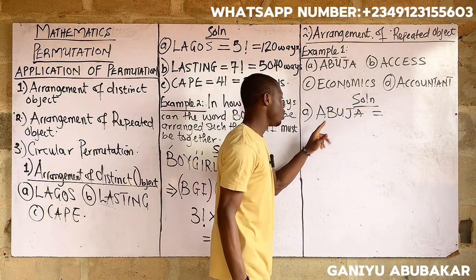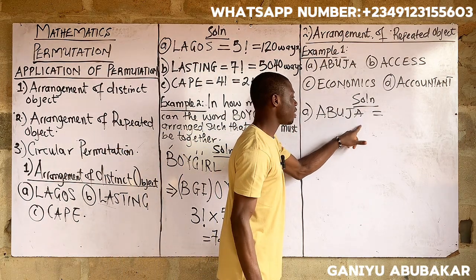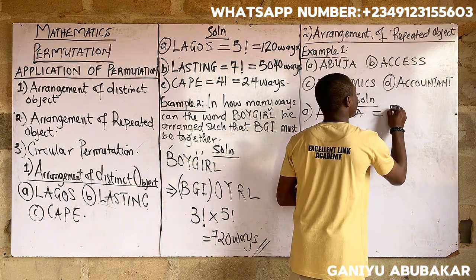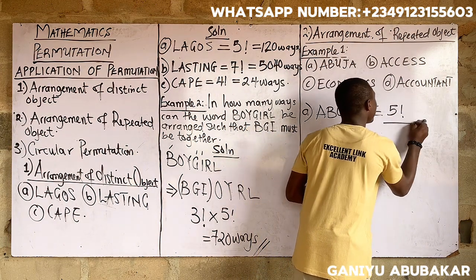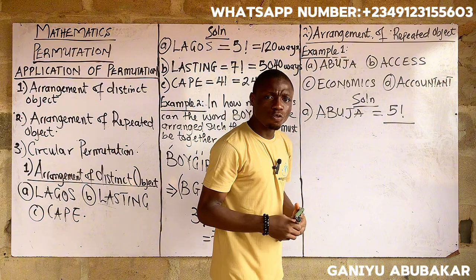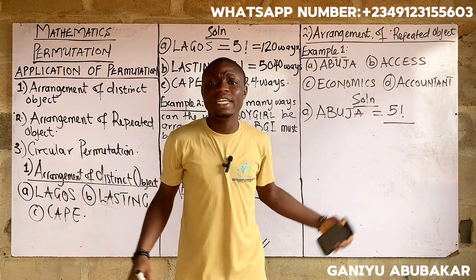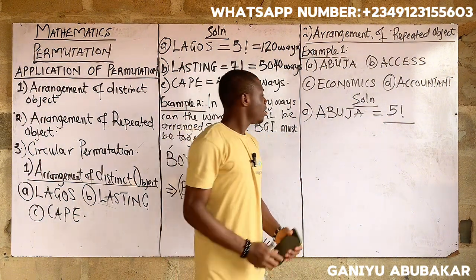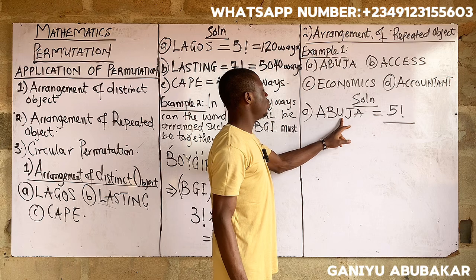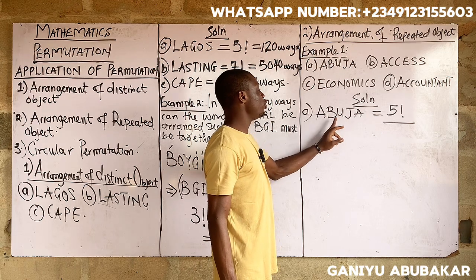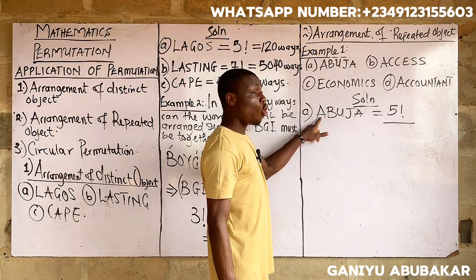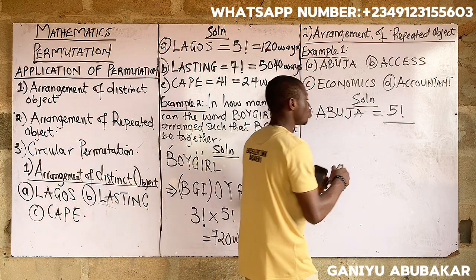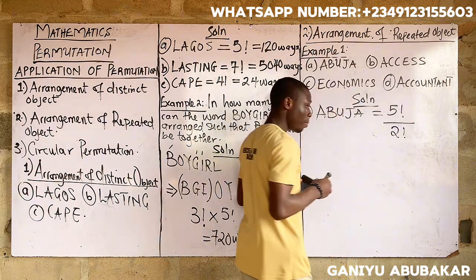Count the total number here. This is 1, 2, 3, 4, 5. That becomes 5 factorial, all over, how many objects are repeated here? I'm having A, B, U, J, A. But A occurs 2 times. That becomes 2 factorial.